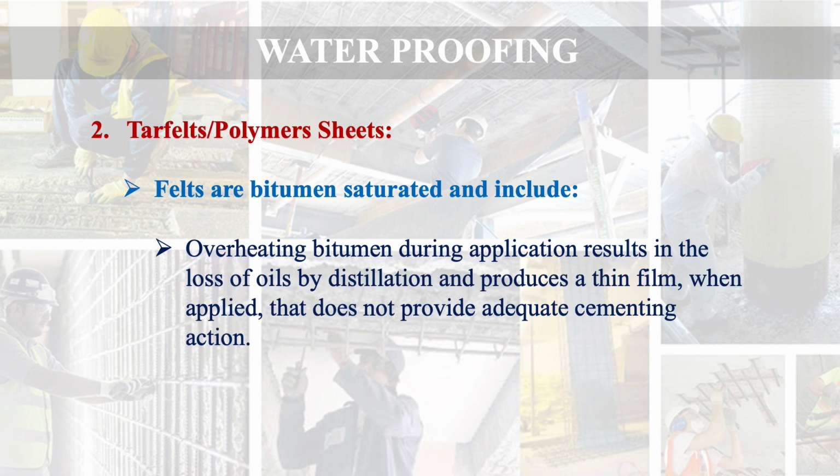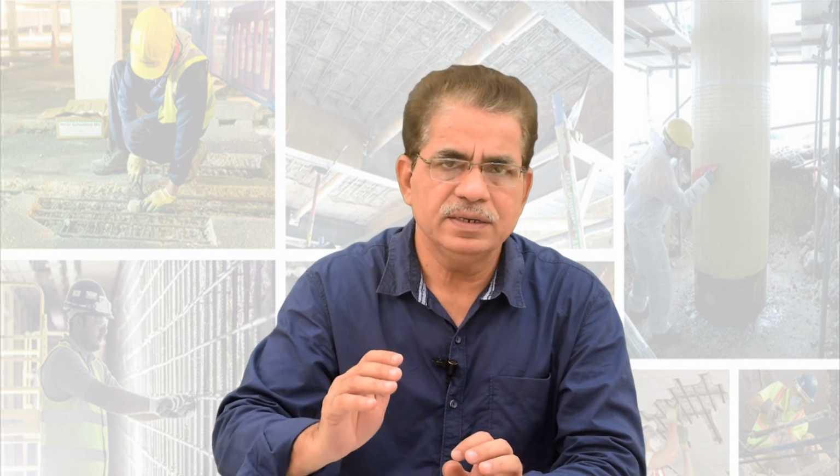Overheating bitumen during application results in the loss of oils by distillation and produces a thin film when applied that doesn't provide adequate cementing action. So care should be taken that there is no overheating of bitumen.